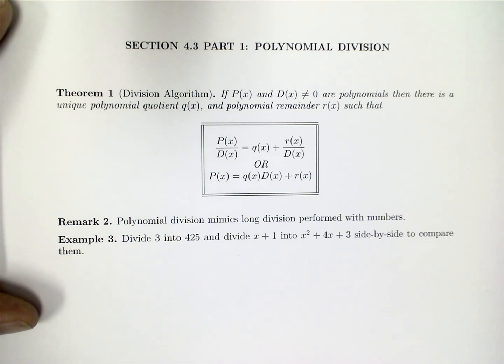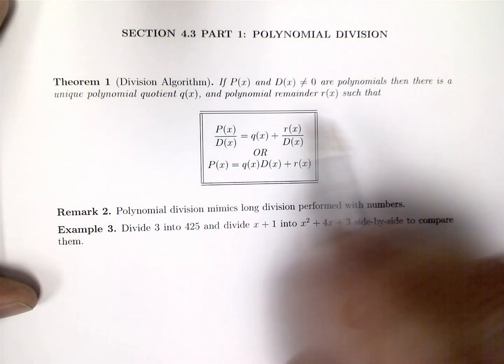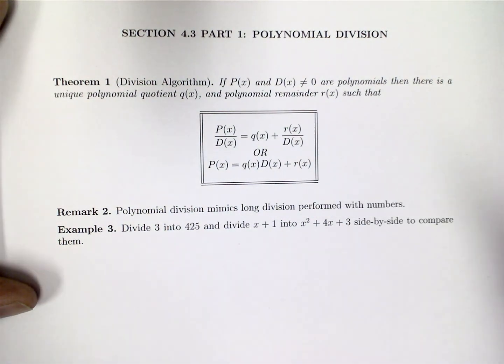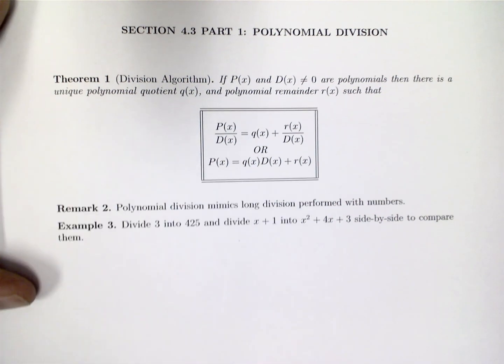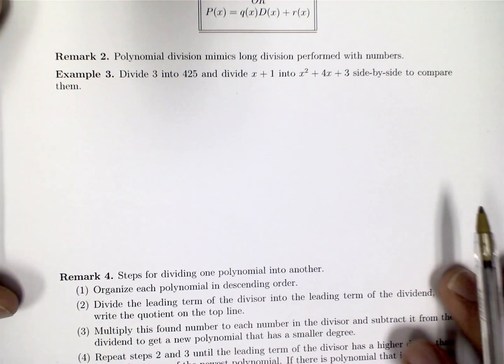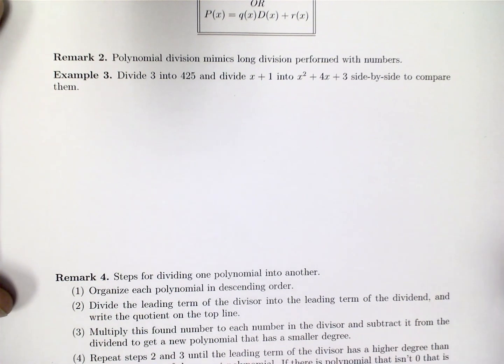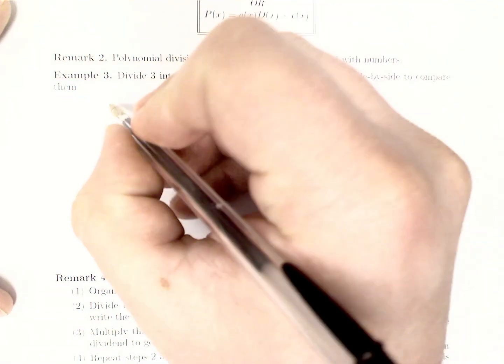All right, so now that we've talked about this, polynomial division mimics long division performed with real numbers. Okay, and we're going to do a side-by-side comparison to actually see this. So if we divide 3 into 425, what would we do?